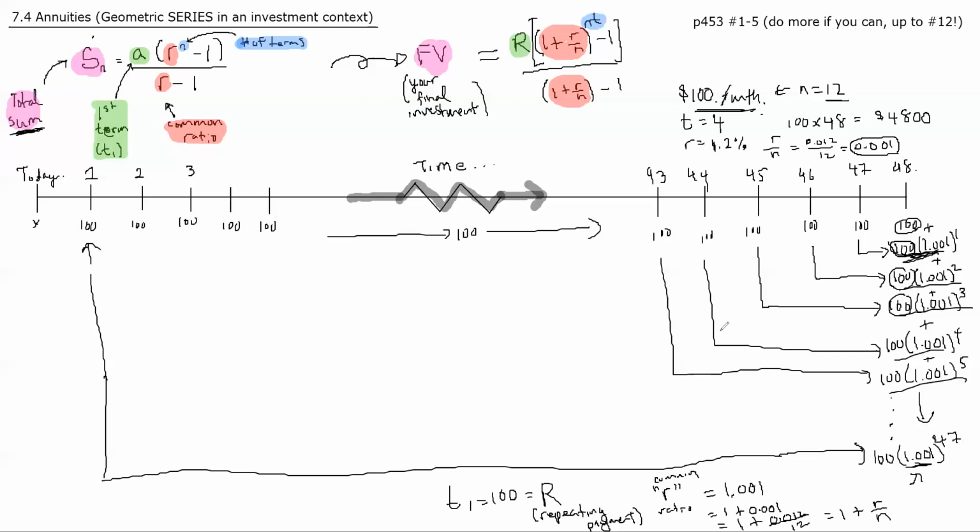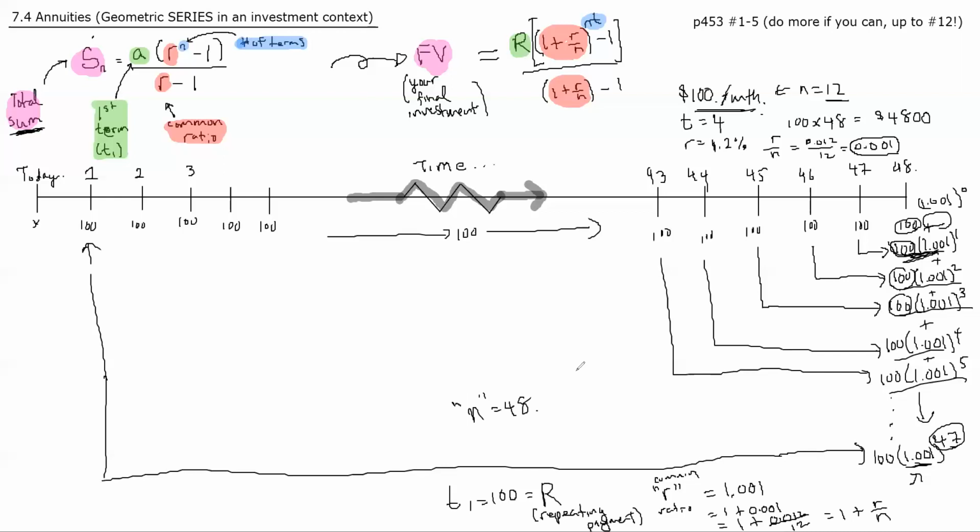What is the number of terms that I'm adding here? Well, starting with 100, which is 1.001 to the power of 0, I have 47. How many numbers are actually here? It's 48. So little n in the geometric series is 48.